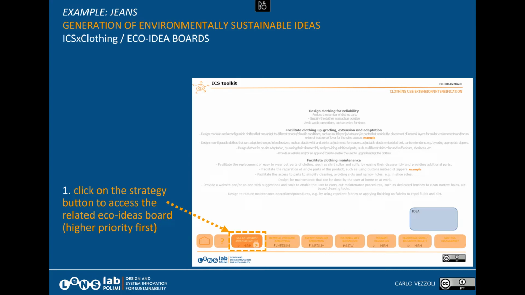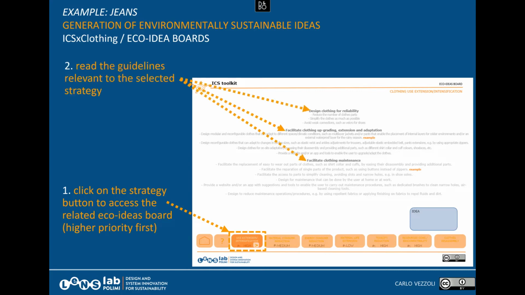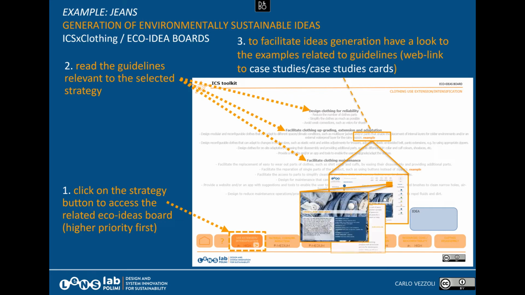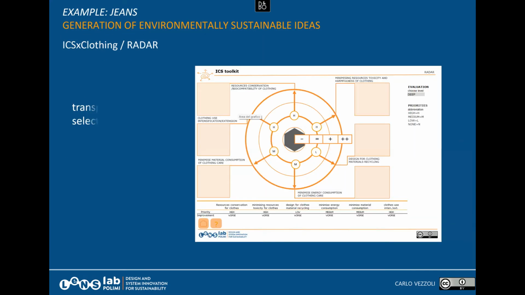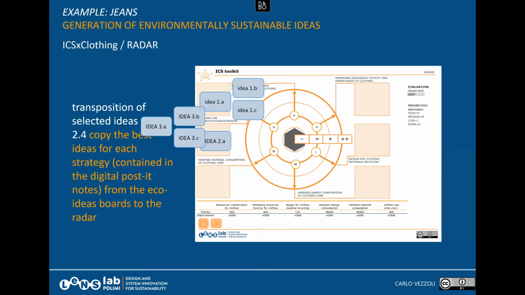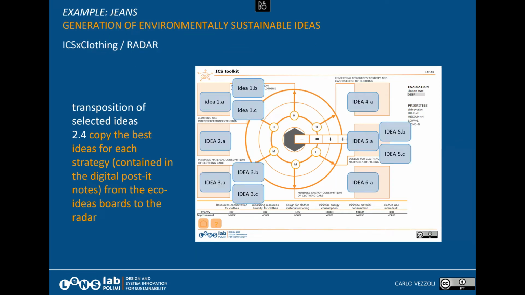Anyhow, this is for each of the strategies. So you have one strategy, you have the guidelines, you have example, and then you drag and drop idea, basically as you did for the system, but here is on product. So guidelines will be different, and example, some example could be similar, but described in a different way. Then what you are going to do, again here, after a divergent moment, you are converging. So you are selecting idea.